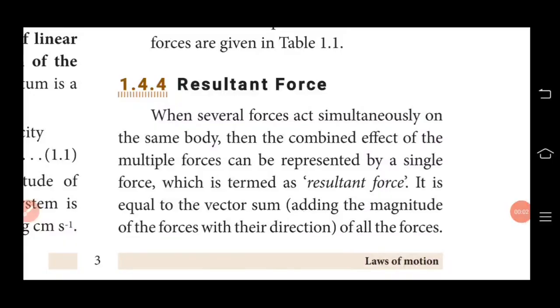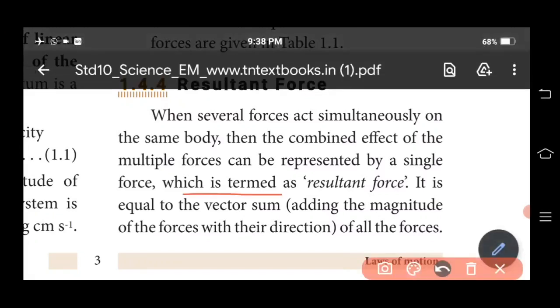Students, our next topic is resultant force. When several forces act simultaneously on the same body, the combined effect of the multiple forces, because so many forces are acting, we are going to calculate the resultant force.